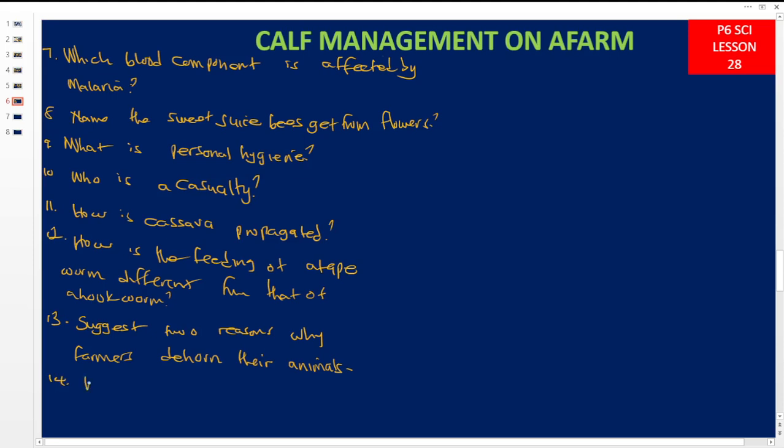Number 14. What is a parasite? Number 15. Mention 1 example of a natural method of family planning.